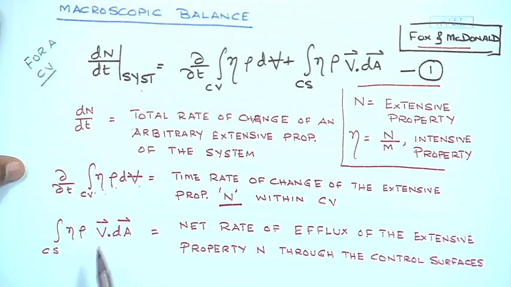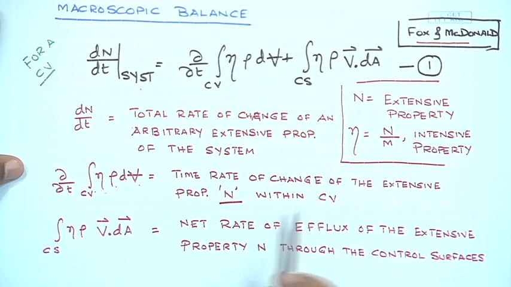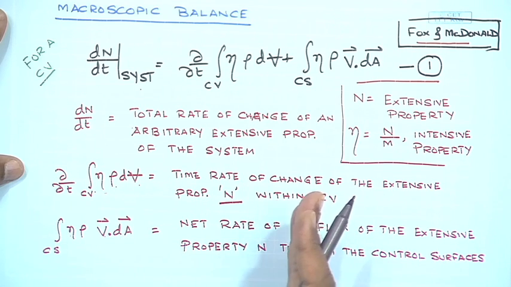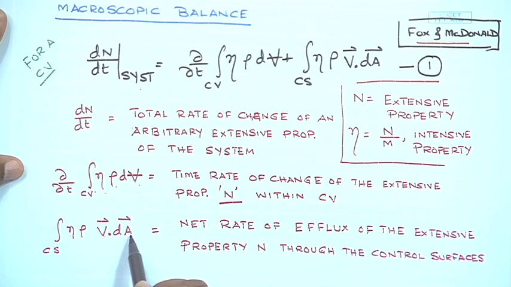Now let's take a look at the second term on the right hand side. First of all, eta is the intensive property, rho is the density, and V dot dA is essentially telling you how much of the extensive property is coming in through the control surfaces.